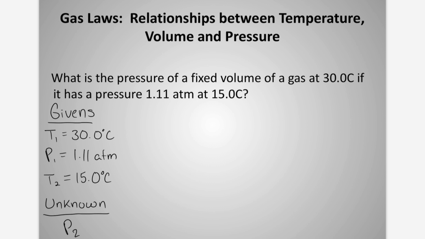Now, before I do anything else, I'm going to automatically convert my Celsius temperatures to Kelvin. So I think that's a good habit to get into. So to convert to Kelvin, I just need to add 273 to each of them. All right, so I've got my givens with the temperatures converted to Kelvin, and I know my unknown is P2.